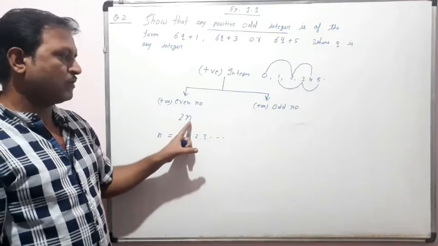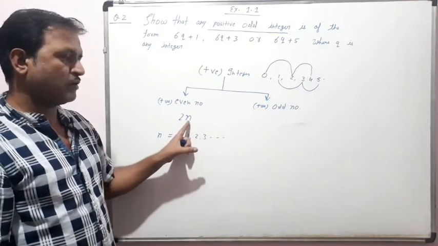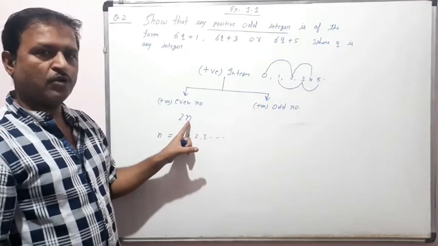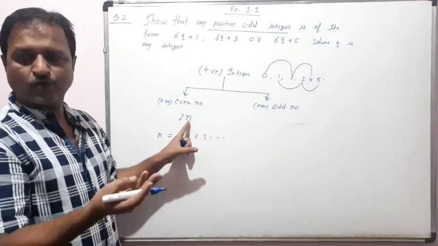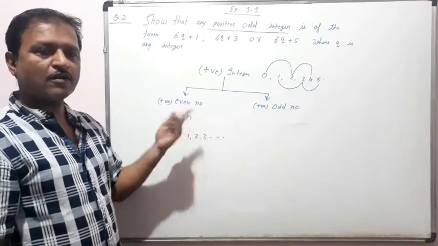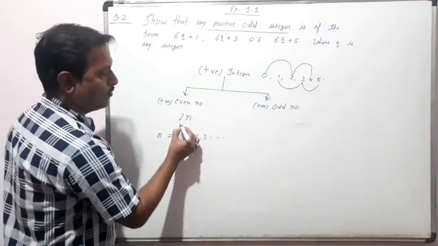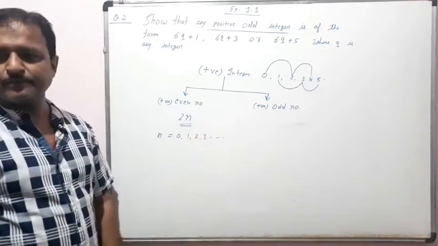If you put 0, you get 0. If you put 1, 2 times 1 is 2, 2 times 2 is 4, 2 times 3 is 6. So 0, 2, 4, 6, these are all called even numbers. That means we now have the formula of an even number, that is 2n.